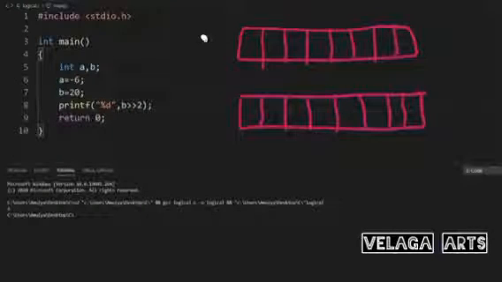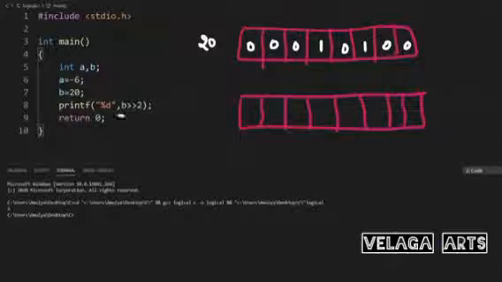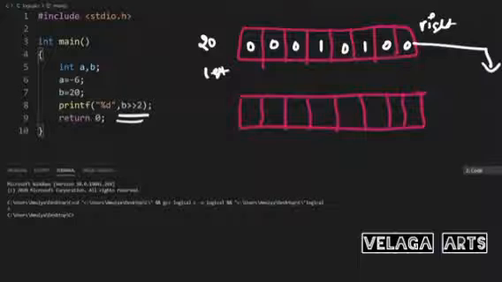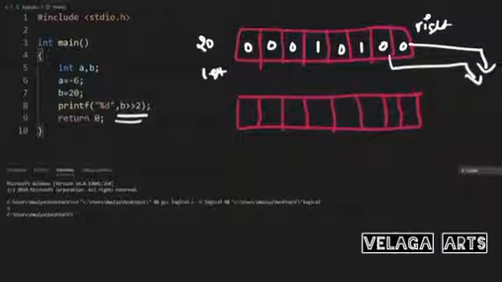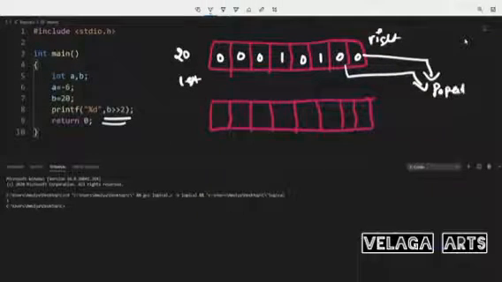So now we have A as 20. 20 is nothing but 0, 0, 0, 1, 0, 1, 0, 0, right? Binary representation. Next we need to do right shift by 2. So what will happen is, this is the right side and this is the left side. So in the right side, this bit will be popped out, and next this bit will be popped out, because we need to shift 2 bits, it will be removed.